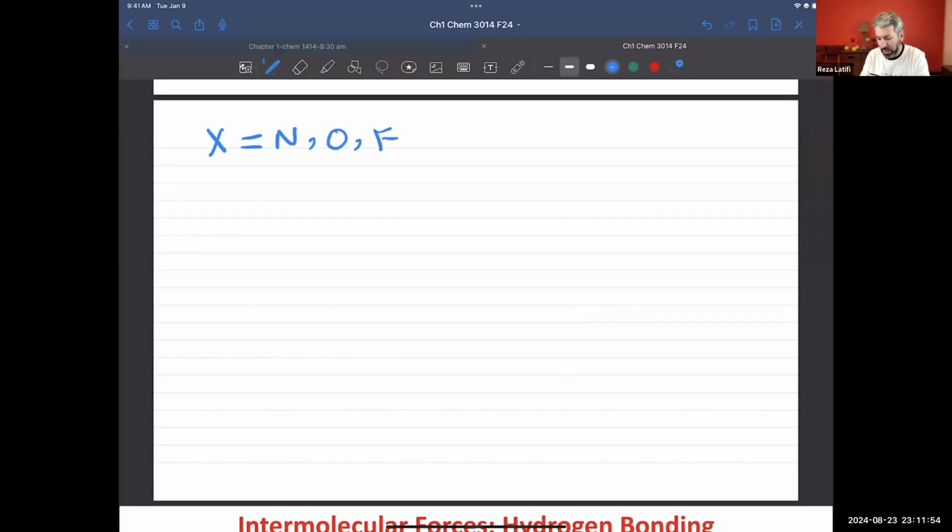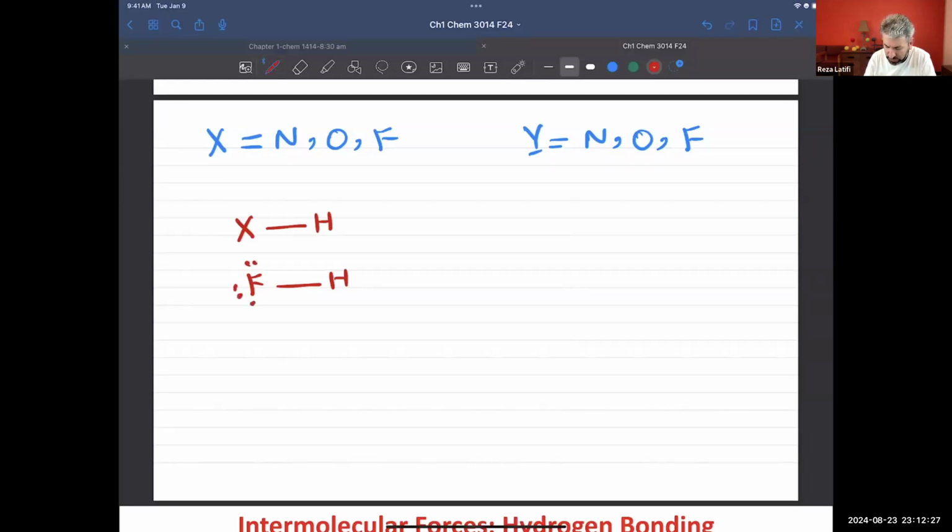And we have another element. If you take, for example, X, which can be nitrogen, oxygen, or fluorine, and attach it to hydrogen, for example, F attached to hydrogen, this one has 3 lone pairs.